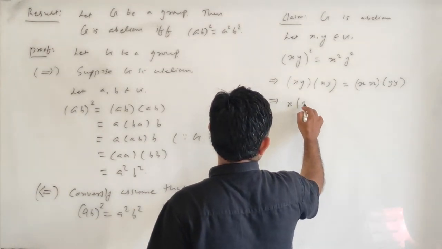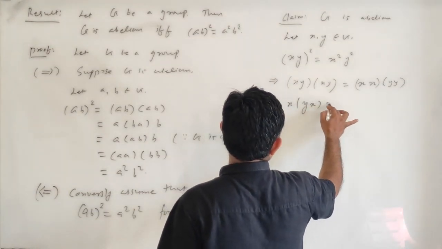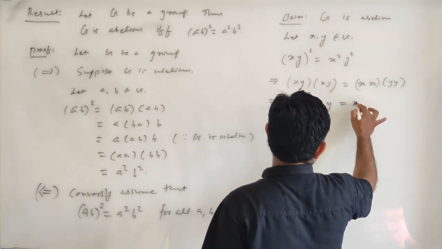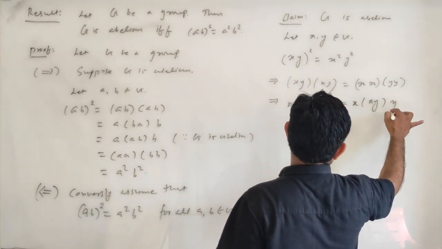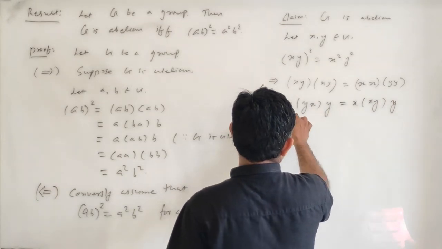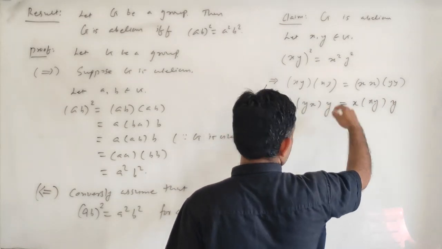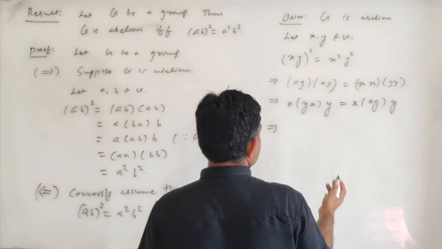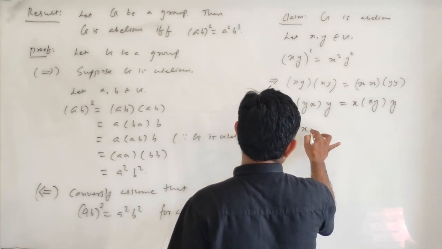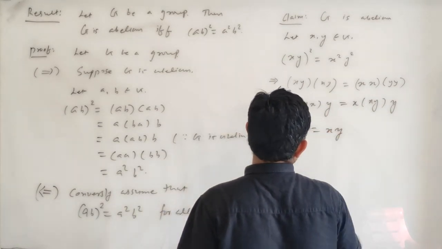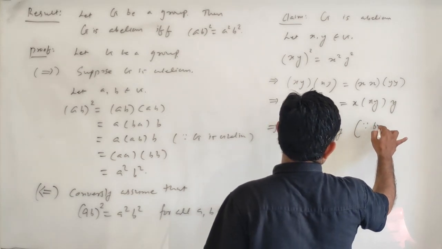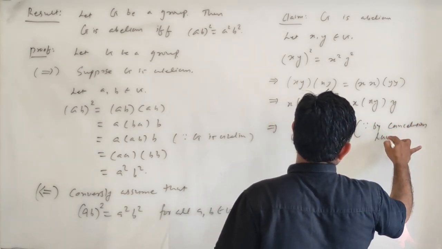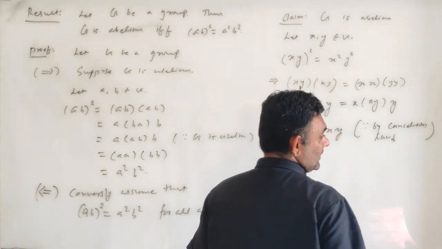So let me use the associativity. So it is yx on this side, and on this side you keep y and x together. So it gives me x, (xy), and y. Now from the left side you can cancel x, from the right side you can cancel y, because we are in a group, so the cancellation law holds. So yx is equal to xy, by cancellation laws.